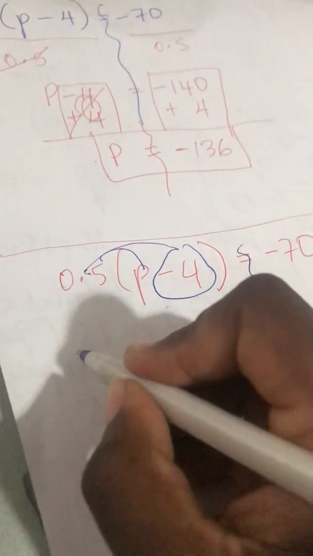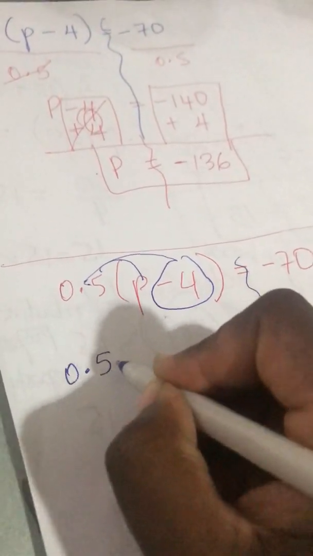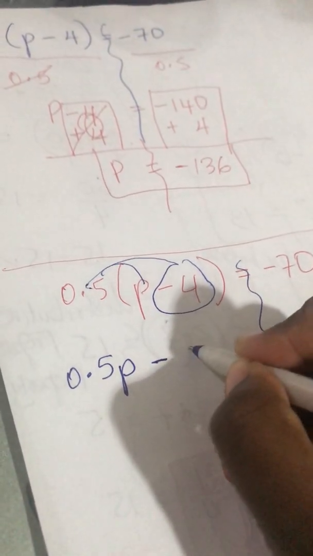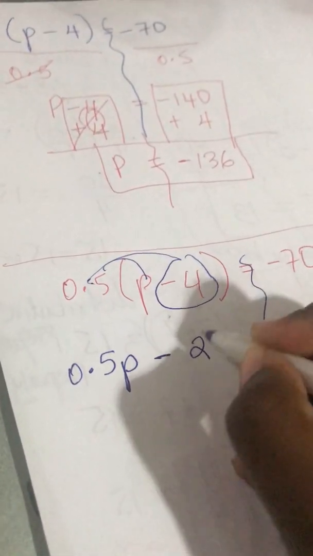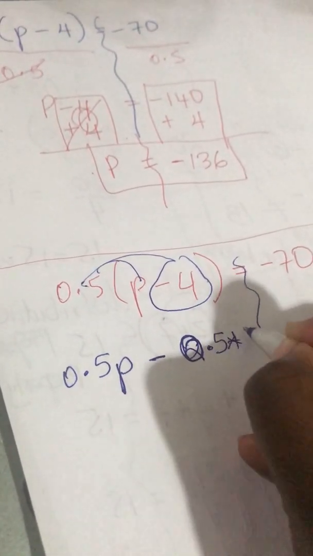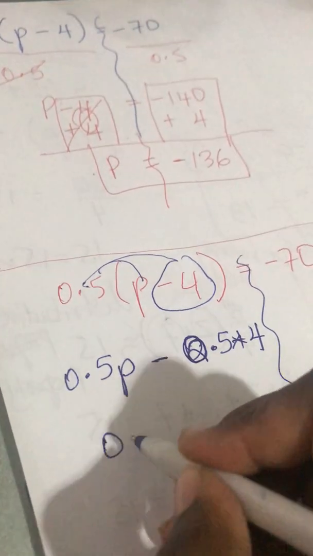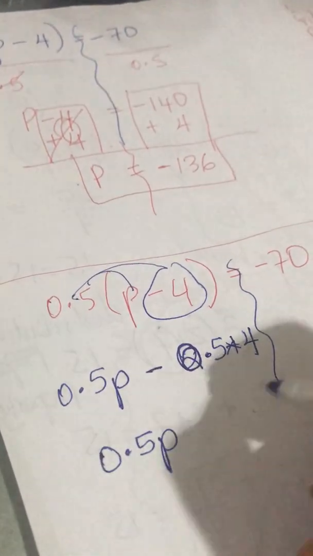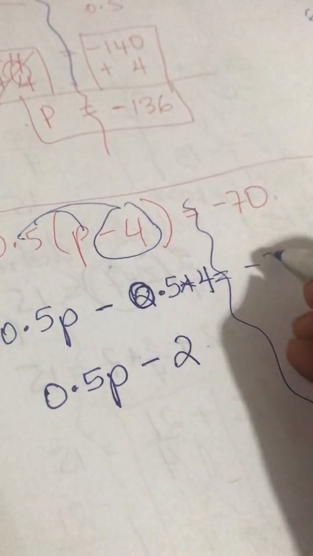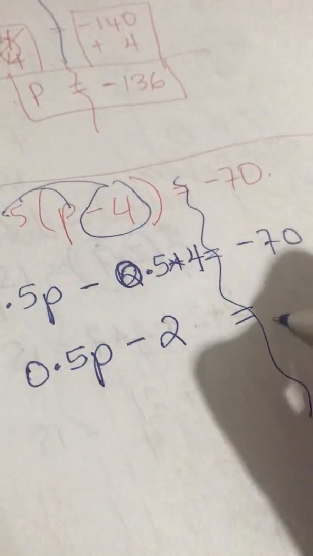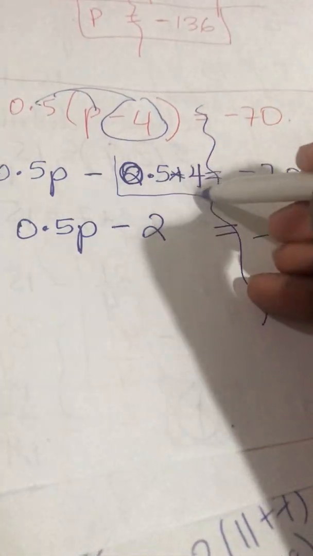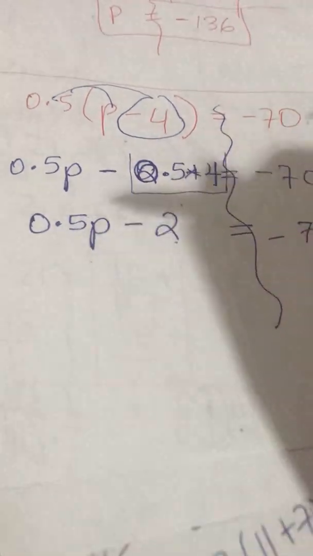Okay, so you have 5/10 P minus 2. Well, let me show you, 0.5 times 4. So 5/10 P minus 2 equals negative 70. This here gives you 2. And then you bring down.